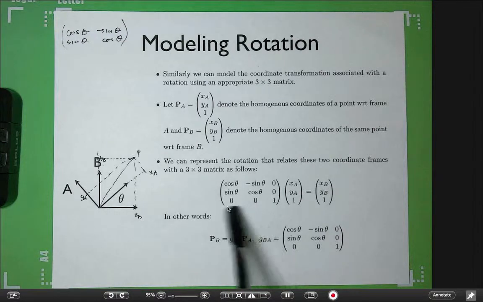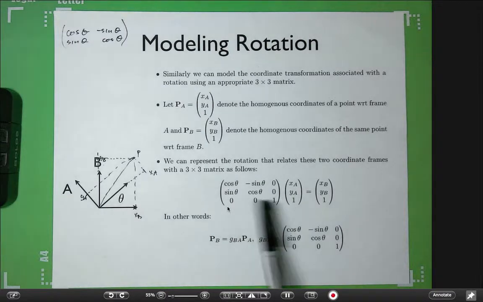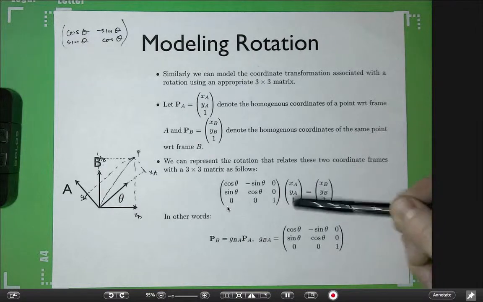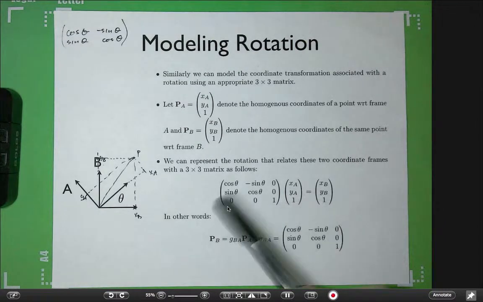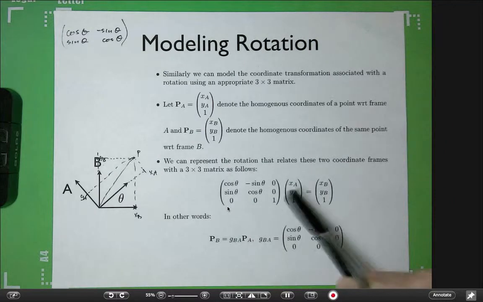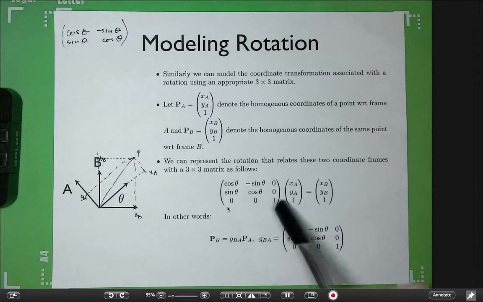And if I want to augment it to the homogeneous matrix, all I have to do is pad it with 0, 0, 1. That's because when I do the matrix vector multiplication with this vector, I get exactly the rotation of XA and YA, and this part does nothing, it just lets the one through.